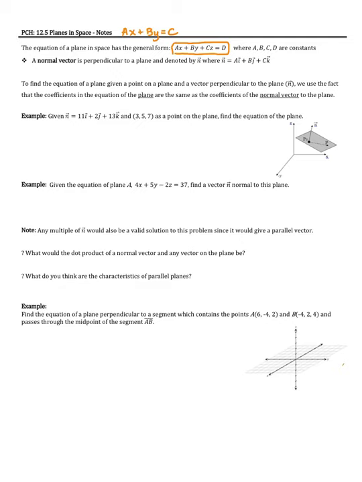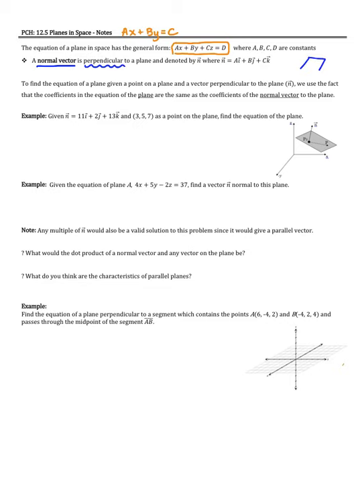I don't know if you remember, a couple videos ago, I talked about how the word perpendicular is going to have many different variations. So remember, orthogonal vectors are two vectors that are perpendicular. Well, now we have something called a normal vector. And what is a normal vector? It's a vector that is perpendicular to a plane.